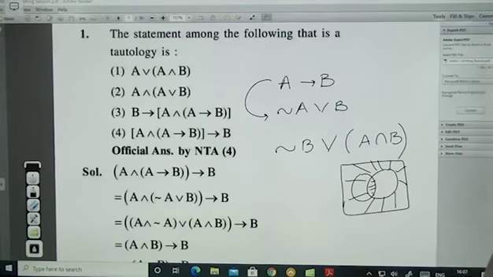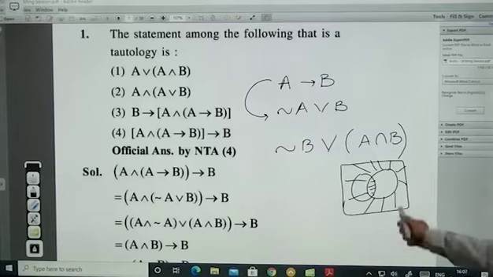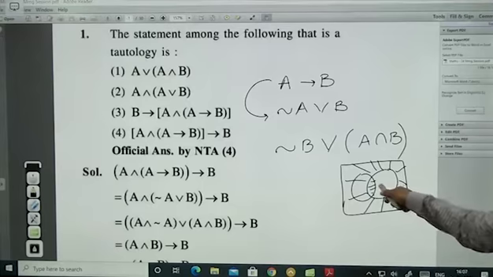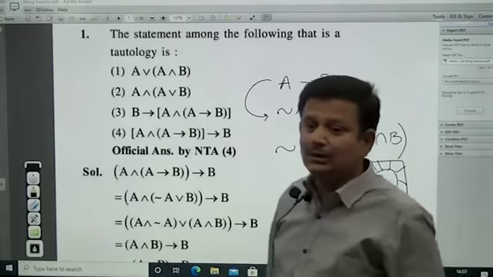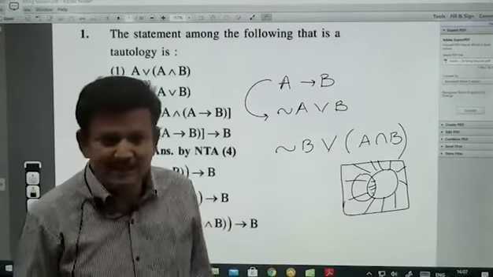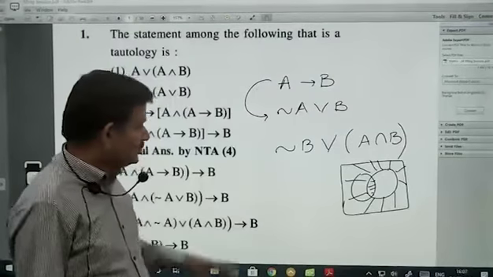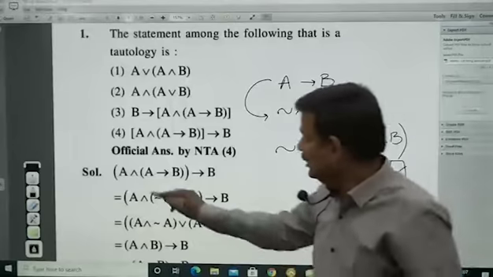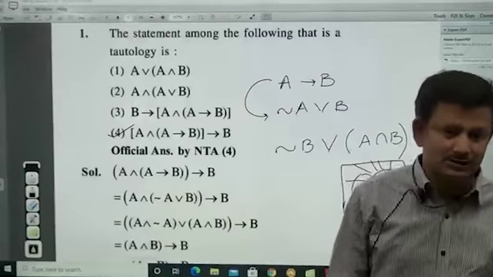What is their union? Is there anything missing in the union? This space, not complete B, but this space, B without A. B minus A is missing. Okay. So this is again not tautology. So obviously the left out option is the tautology.